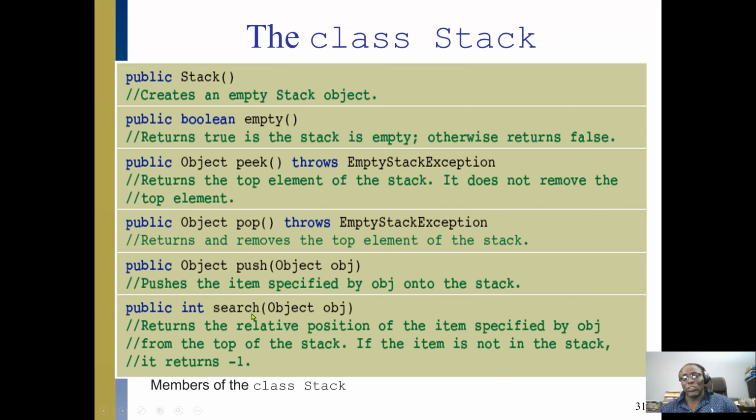So this search will return the relative position of the item specified by obj, which is our argument object. If I'm searching, the argument will be the item I'm searching, from the top of the stack. If the item is not in the stack, it will return -1.